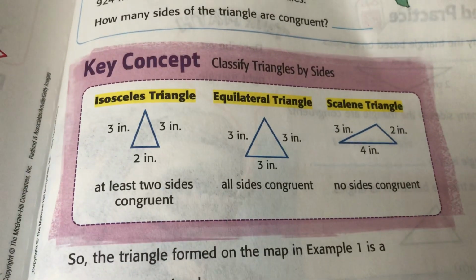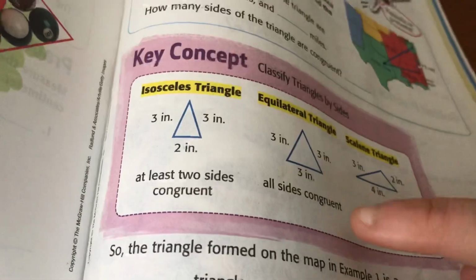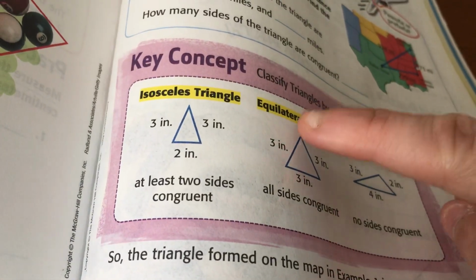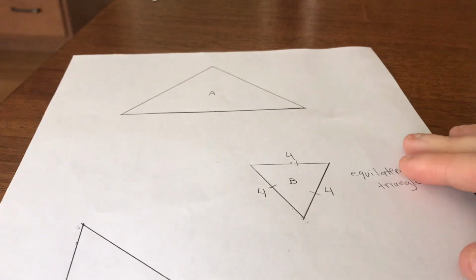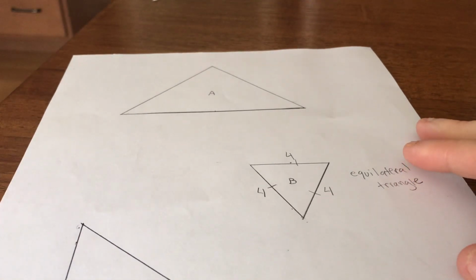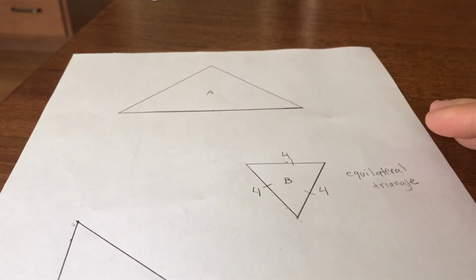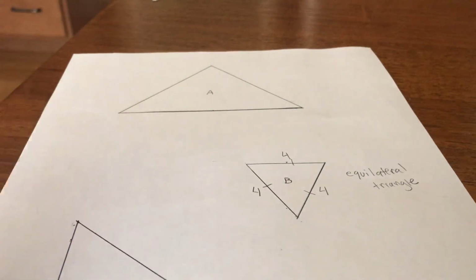Right here. When all 3 sides are congruent or the same measurement, here it's 3, 3, and 3, and the one that I just measured is 4, 4, and 4, we call that an equilateral triangle, okay? All right, but not all triangles are equilateral.